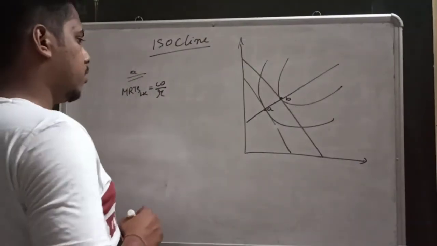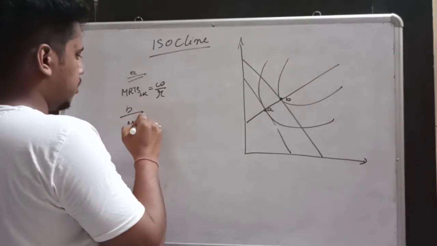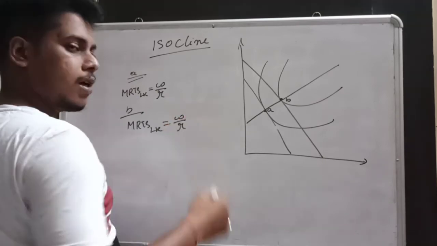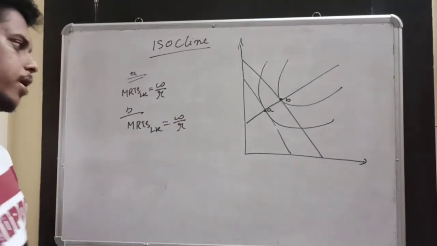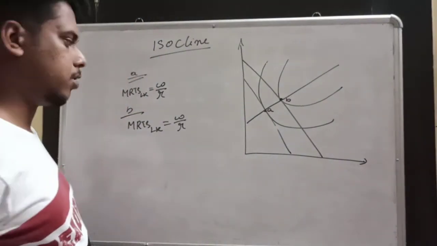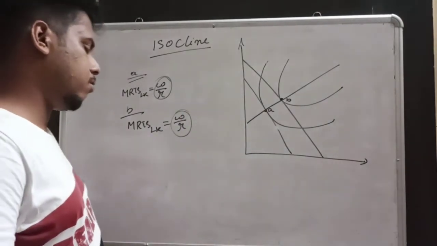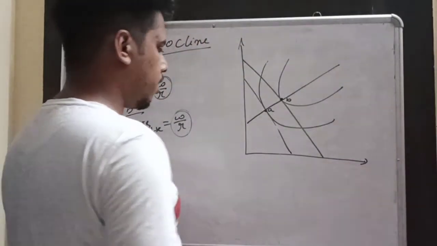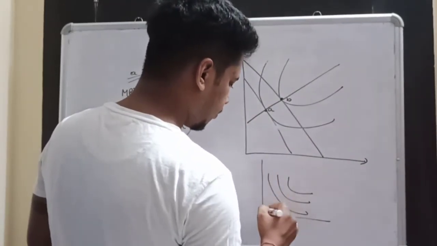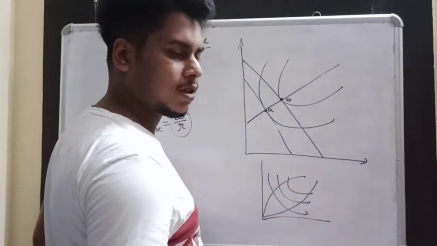Okay, similarly at point B also we have MRTS LK equals wage by R, that is rate of interest. So along the expansion path the value of MRTS remains constant, that is wage by rate of interest. And again in case of the ridge lines also, along these two lines the value of MRTS remains constant.